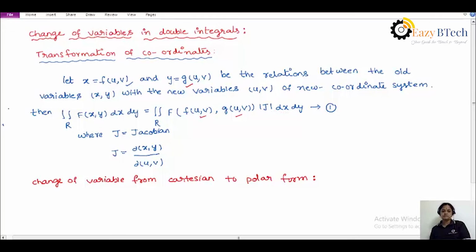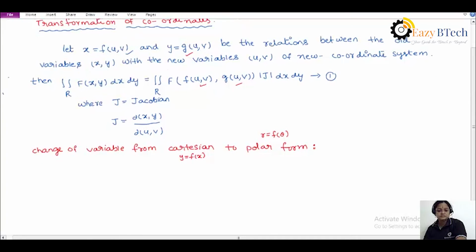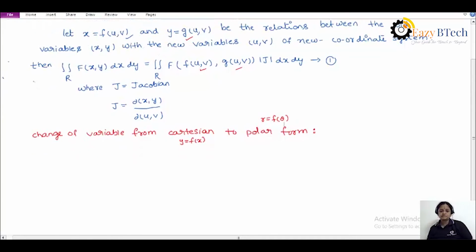So how can we change Cartesian form to polar form here? Cartesian form means y is equal to f(x) and polar form is r is equal to f(theta). Now I am writing the substitutions which we are using to change Cartesian form to polar form.